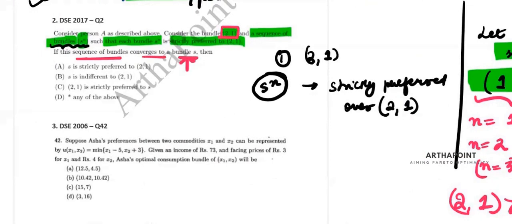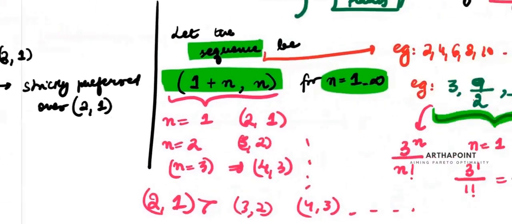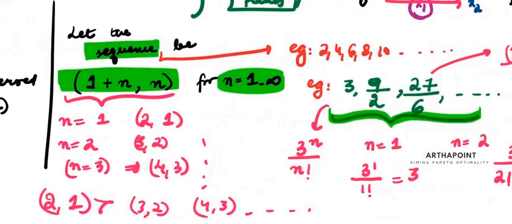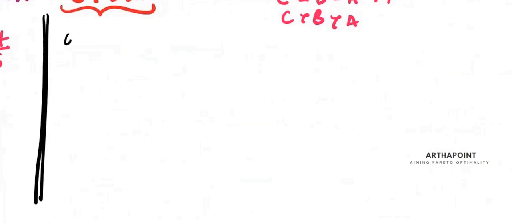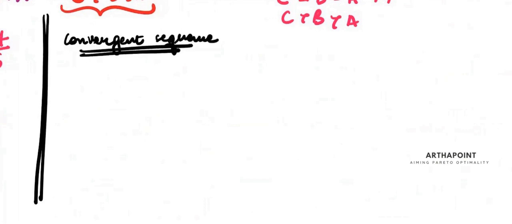For this, you must understand what is a convergent sequence and a divergent sequence. Again, this is something we covered in maths, but let's understand it. A convergent sequence is one where, as limit n tends to infinity, you get some number.